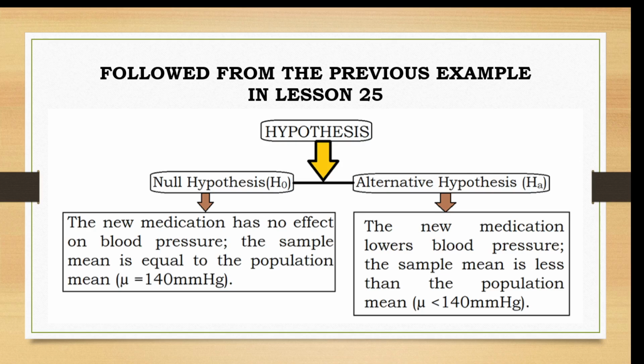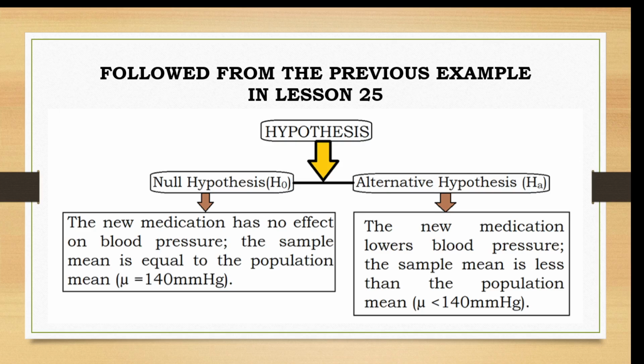Following from the previous example in lesson number 25, the hypothesis was formulated as follows. The null hypothesis states that the new medication has no effect on blood pressure, which means that the sample mean is equal to the population mean.